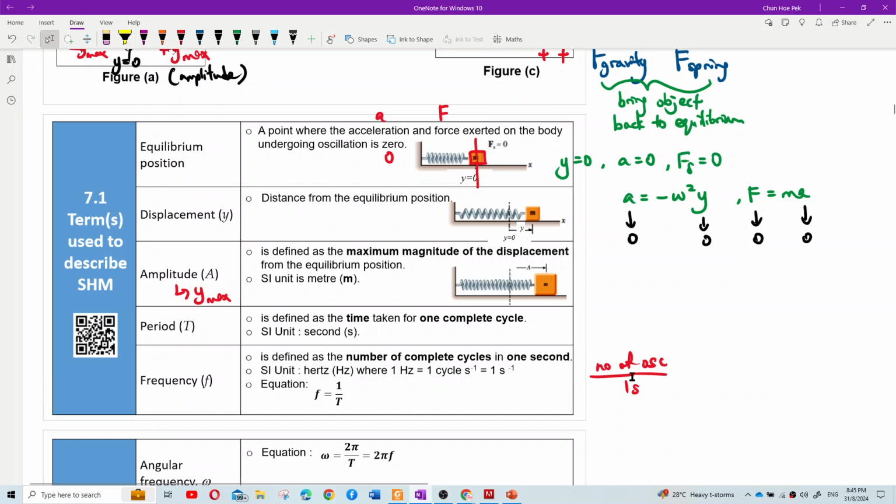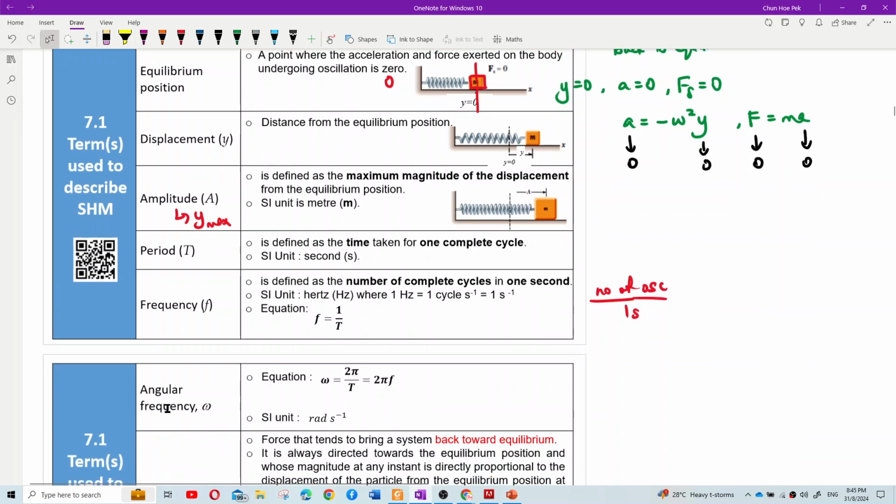This is the number of oscillations in 1 second. Almost the same thing. The formula is still the same. We use f equal to 1 over period, like your rotational motion. Unit is still hertz.